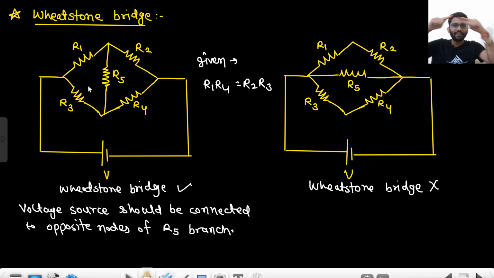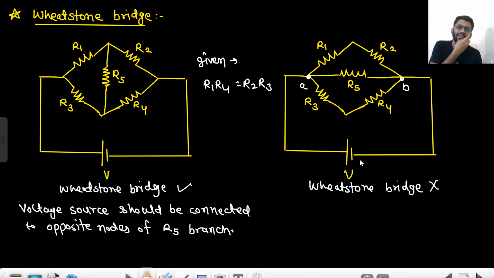These four resistors are there, R1, R2, R3 and R4, and there is one branch in between. Also in this one as well, there are four resistors, R1, R2, R3, R4, and there is this branch in between, R5. R5 is connected between node A and B.